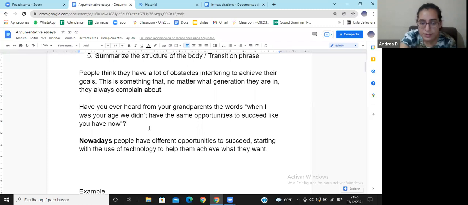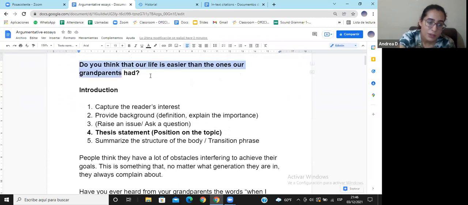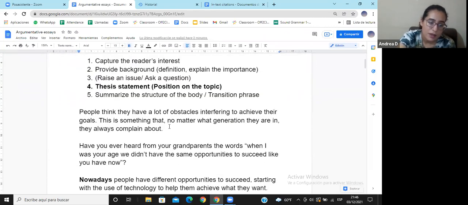That's stating something and then refuting it. Or you could say grandparents say that our life is easier, and grandsons say that their life was easier, and this is what I think. So you can ask the question and then answer it, or have an argument and refute it. The argument could be in the form of a question as well.